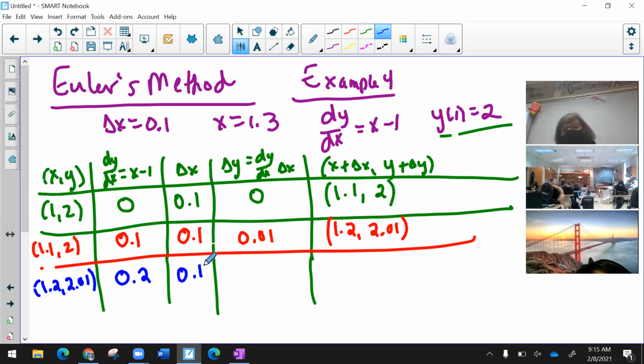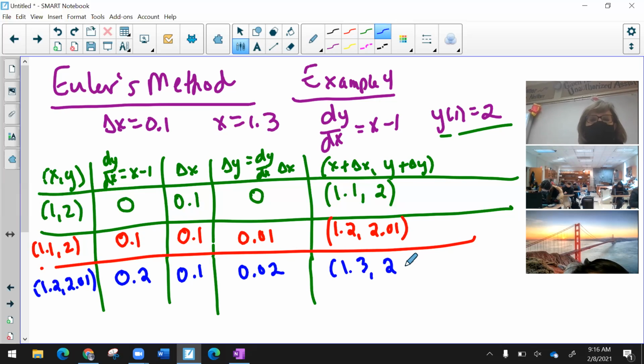What's delta y? Okay, 0.02. And then I add. So I've got 1.3, y plus delta y, 2.03. And that's my answer. If I wanted to move to the left, I would let delta x be negative.